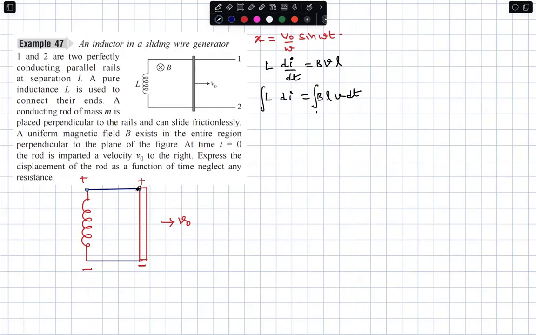At x is equal to 0 you have velocity. L I is equal to B times the integral of V dt, which is x, times L.